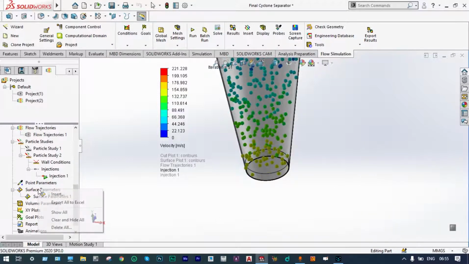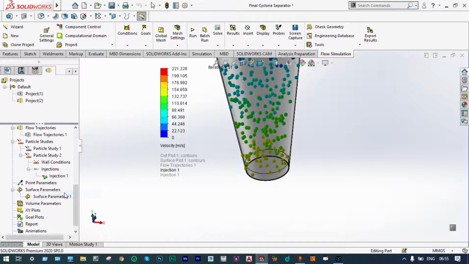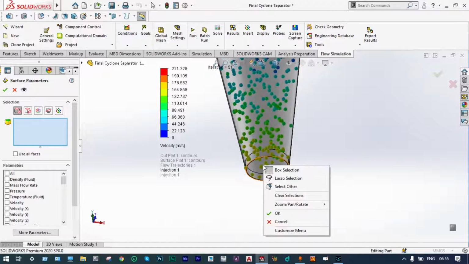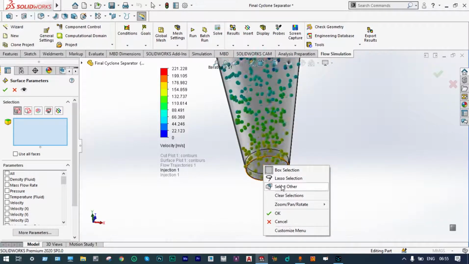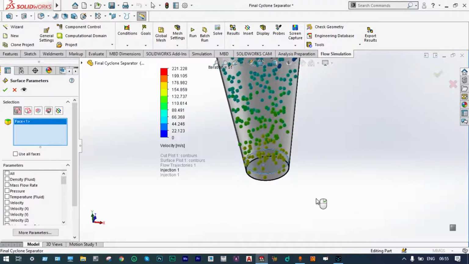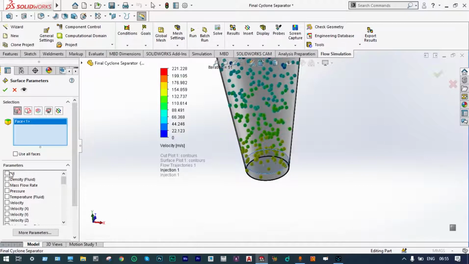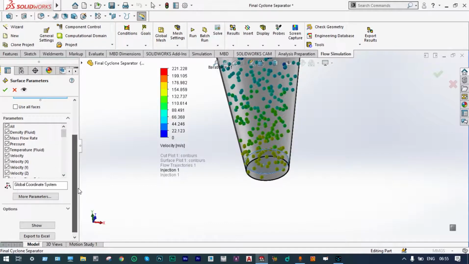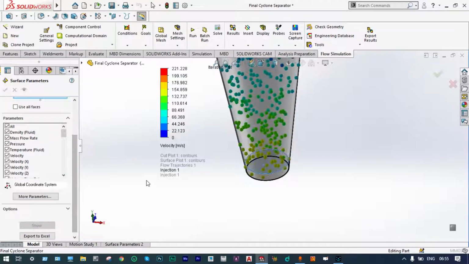Surface parameters, insert surface parameters, and I'm going to select that bottommost part, select other, lead number 3 is selected, this phase 1, and from here we can select all the parameters. Let us show.